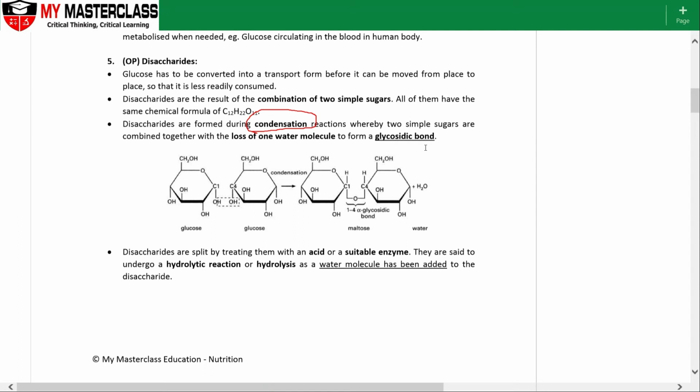Going from left to right, I have got the loss of a water molecule. So it only makes sense that if I go from the right to the left, I need to add back a water molecule. And this addition of a water molecule is called a hydrolysis reaction or hydrolytic reaction, compared to a condensation reaction. Because hydro means water, so addition of water in the reverse reaction will be hydrolysis.